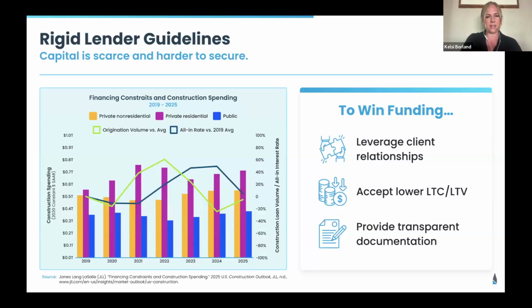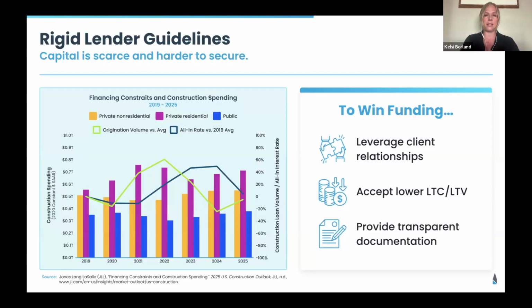But you really do see on this graph how construction volumes have changed dramatically in correlation with where rates are. And interest rates are an interesting thing because that obviously affects the cost of capital, but it also affects the lender's appetite for risk as well. So I think when you see rates tick up, you also maybe see a pullback of liquidity.